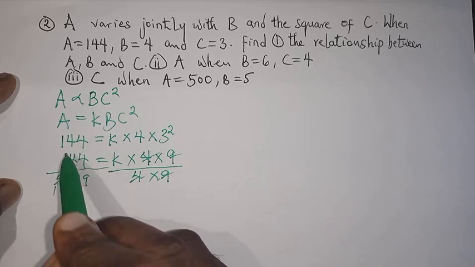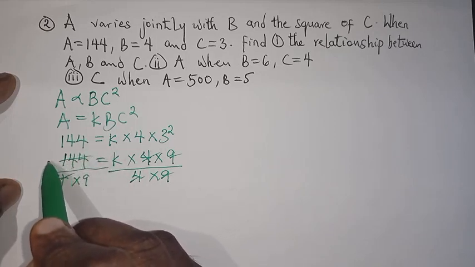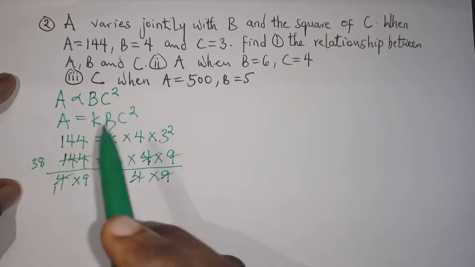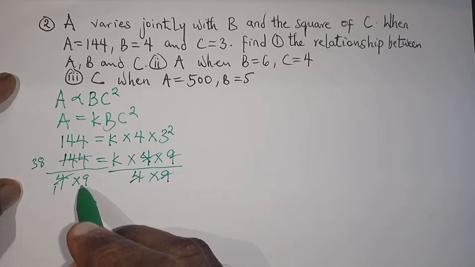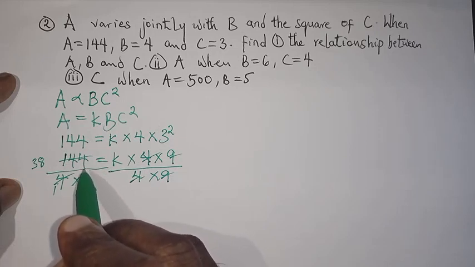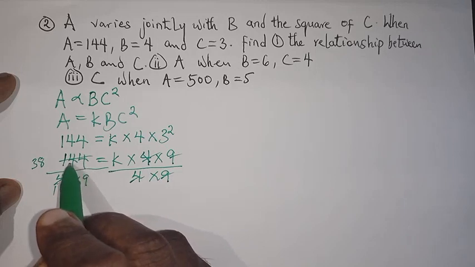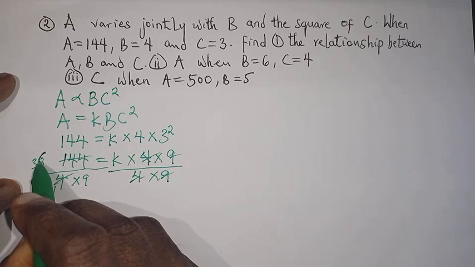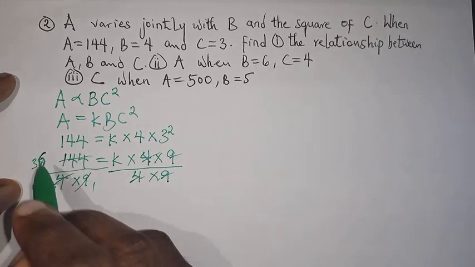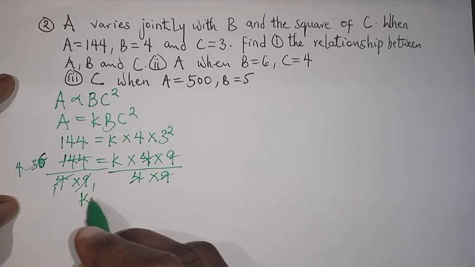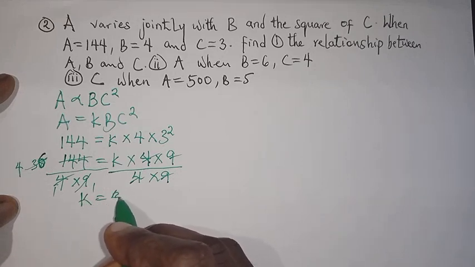So 4 in 144 is 36 times, in 24, 6, sorry. So 9 here is 1. 9 times 4 is 36. So the value for K is 4.